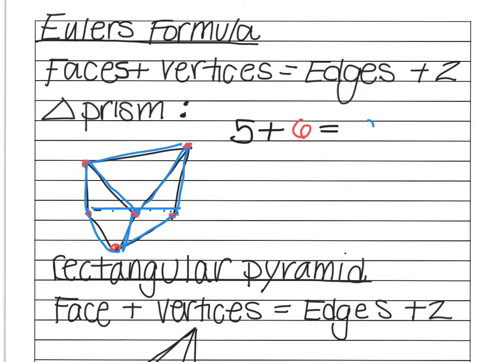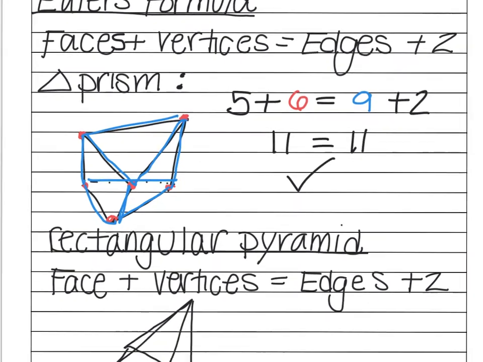So I have 9 edges, and I have to add 2, and these should equal each other. So 6 plus 5 is 11, and 9 plus 2 is also 11. So this works. This Euler rule works for any polyhedron or three-dimensional shape. The faces plus the vertices equal the edges plus 2.